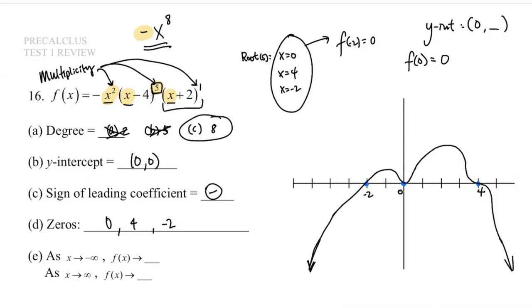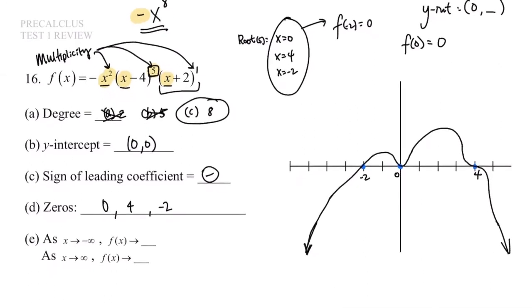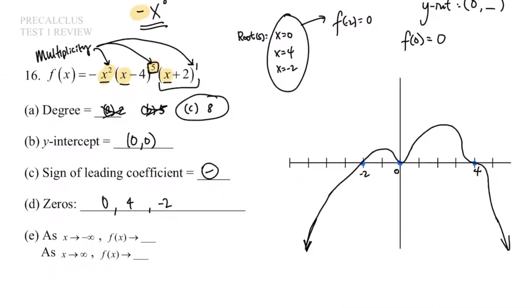So that's level 3, finishing the graph. Just make sure you know how to interpret multiplicity, and how multiplicities indicate different ways of passing through the root.